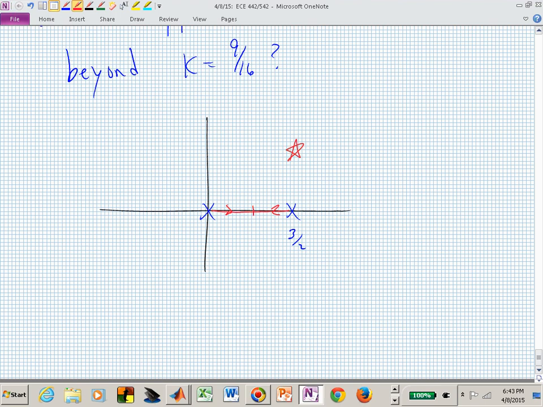I don't know, let me calculate. So now you calculate and you say, what's the angle there? Roughly 90 degrees. What's this angle? 45 roughly. So now we have minus 90, minus 45, minus 135. Is star on the root locus? No.